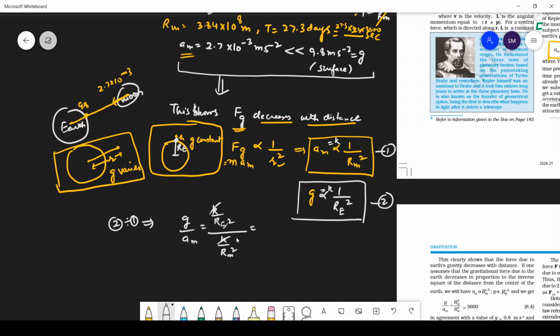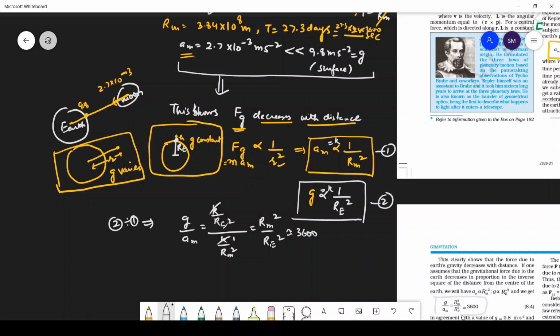So k cancels out, and we get Rm squared upon Re squared, and this value is approximately 3600.